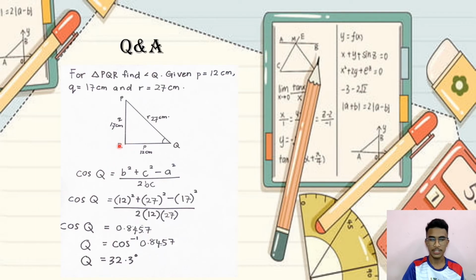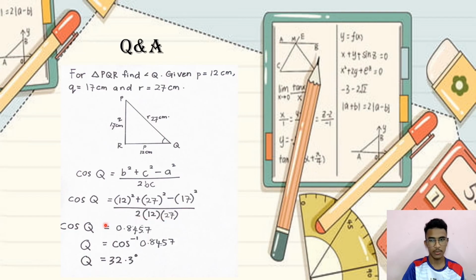For this equation, I think we can use this formula, which is cos Q equals B square plus C square minus A square over 2BC. So replace it: cos Q equals 12 square plus 27 square minus 17 square over 2 multiplied by 12 and 27.